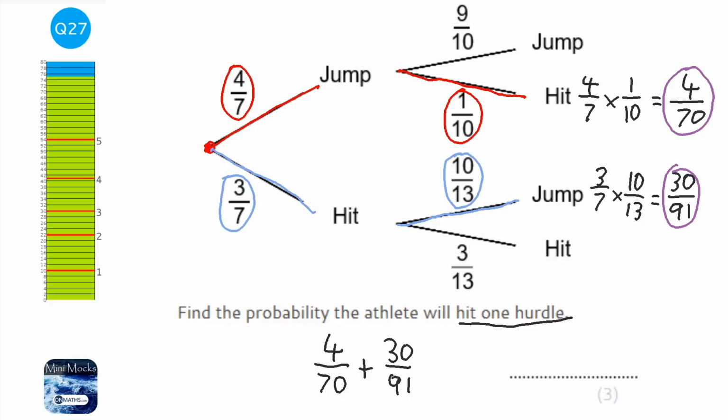So on the calculator, because this is a calculator question, it'd be 4 over 70 plus 30 over 91. So that's going to be 176 over 455, and let the calculator do the hard work there.